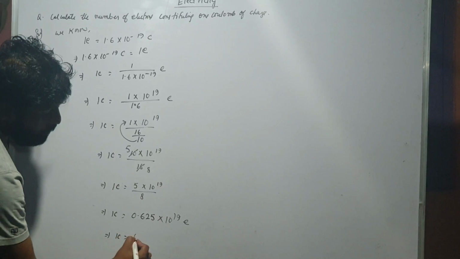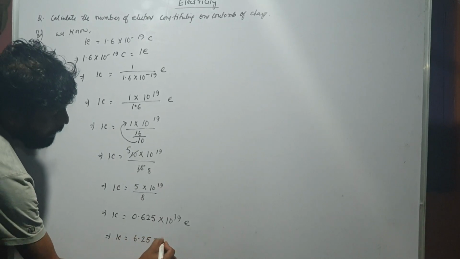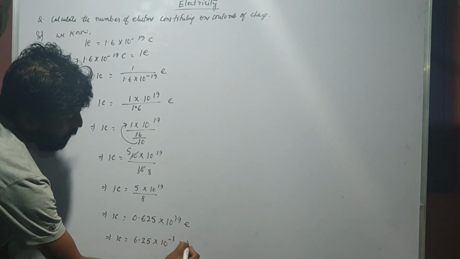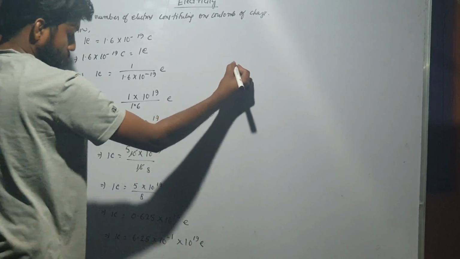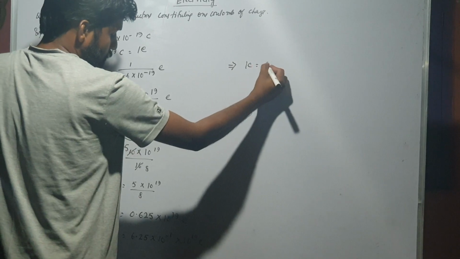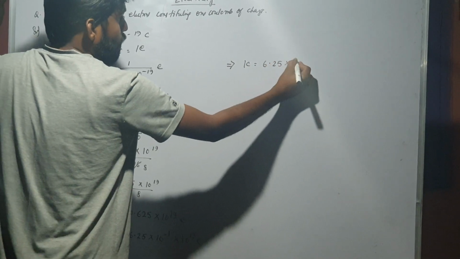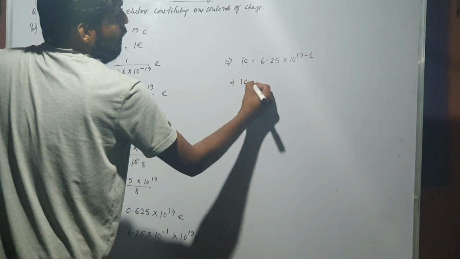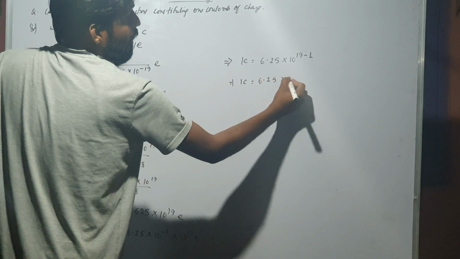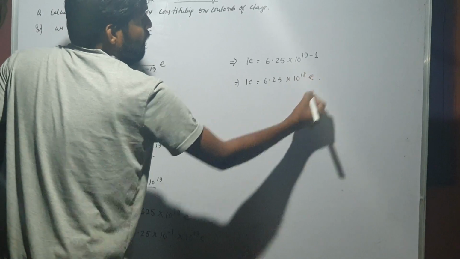That is 1 coulomb is equal to 6.25 into 10 to the power minus 1 into 10 to the power 19 electron. That is 1 coulomb is equal to 6.25 into 10 to the power 19 minus 1. That is 1 coulomb is equal to 6.25 into 10 to the power 18 electron.